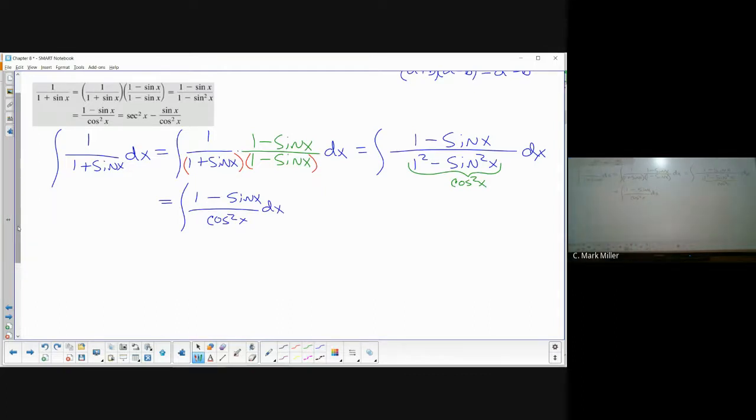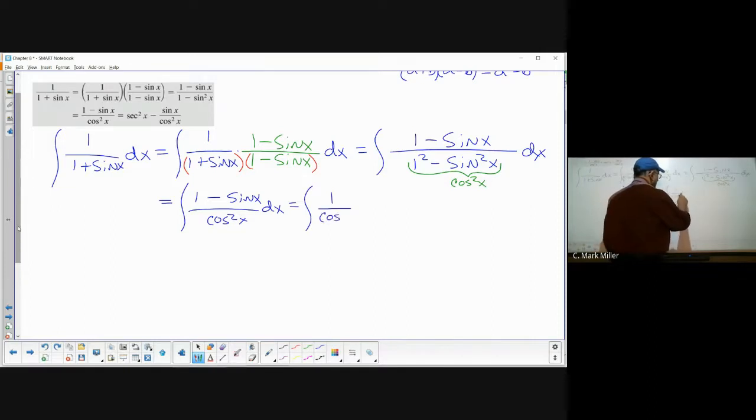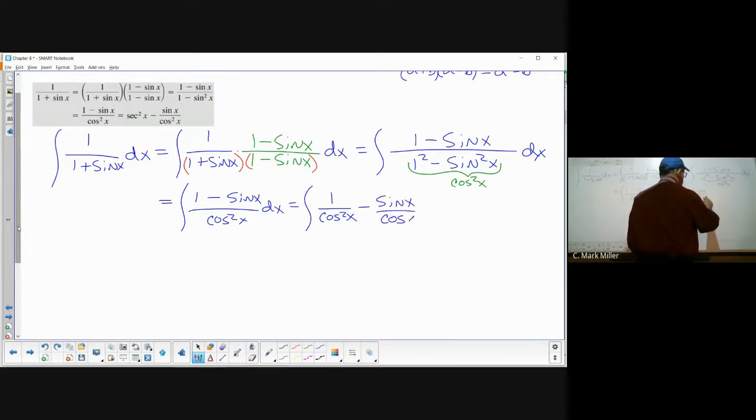Haven't done any calculus yet. All this has been algebra using trigonometric functions. Now, in this last step, we employed a trig identity. That 1 minus sine squared was cosine squared. Well, what do you do with this? You're going to break it up: 1 over cosine squared minus sine x over cosine squared x.